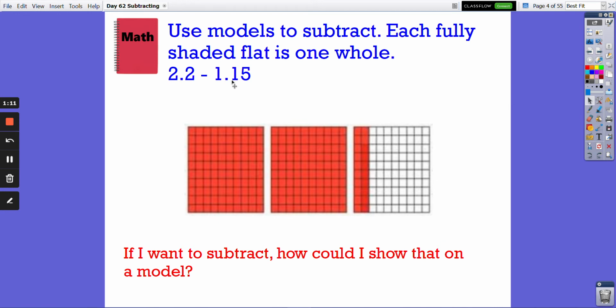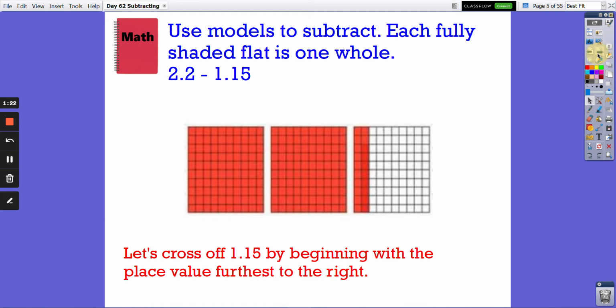We're going to subtract 1 and 15 hundredths. If I want to subtract, how could I show that on a model like this? Well, I could start off by crossing off 1 and 15 hundredths by beginning with the place value furthest to the right. So here I see I have 5 hundredths. I could go ahead and cross off 5 hundredths.